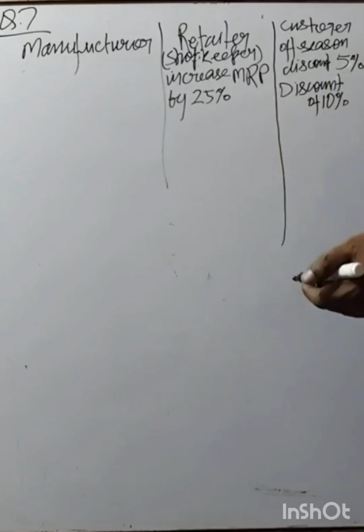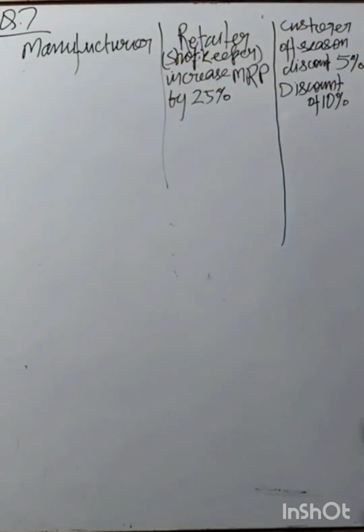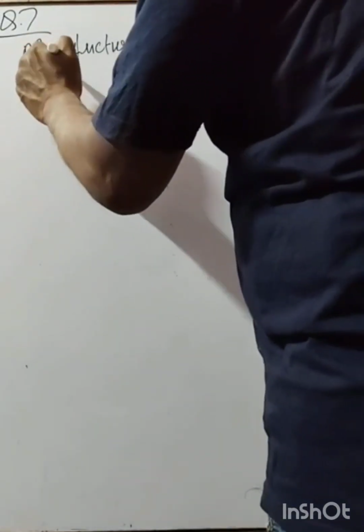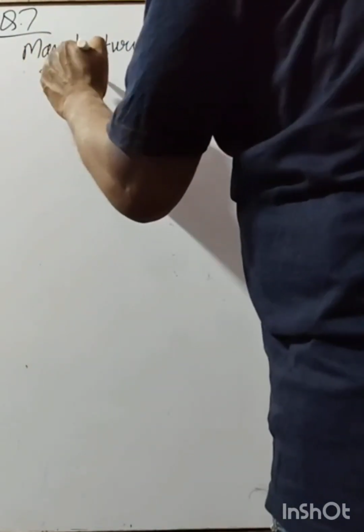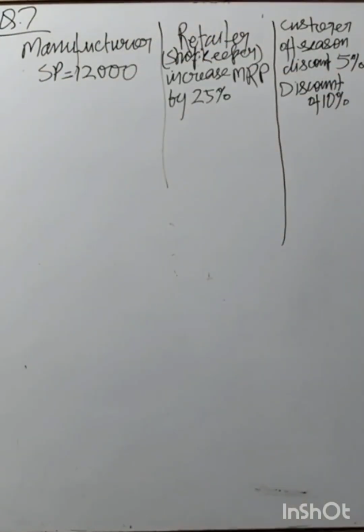Discount is always on MRP. So, at how much price did he purchase from the manufacturer? 12,000. So, SP is 12,000. He purchased for 12,000 rupees.